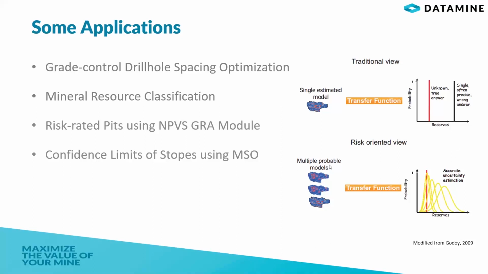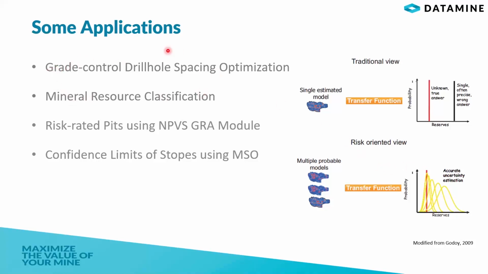Working with simulations, you are going to generate many possible realizations of scenarios of the deposit, applying the same function. And instead of getting just one single result, you can get, in this case, actually a distribution of results, right? So that's why you need an appropriate tool to help you generate these results.